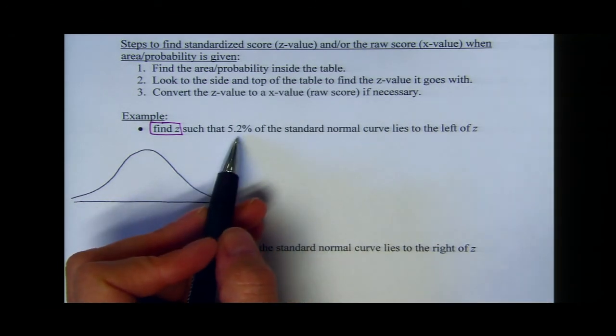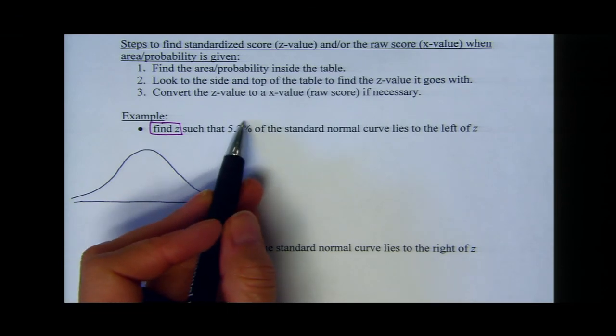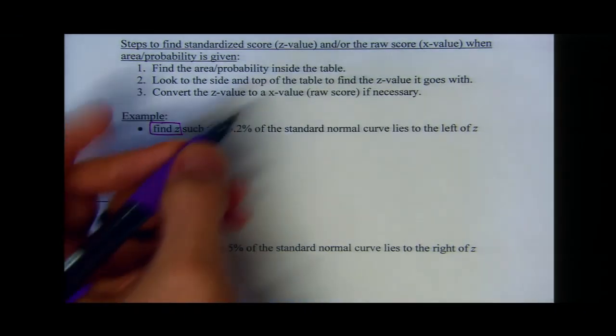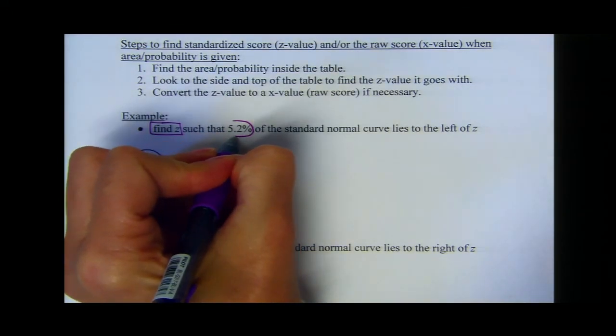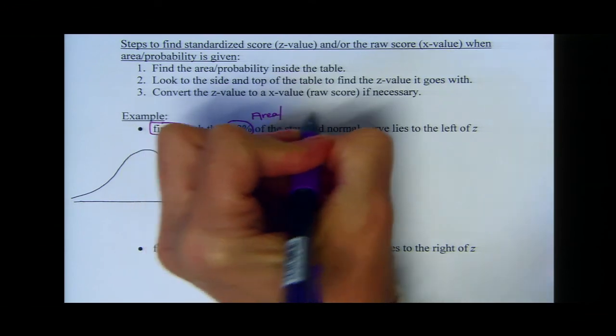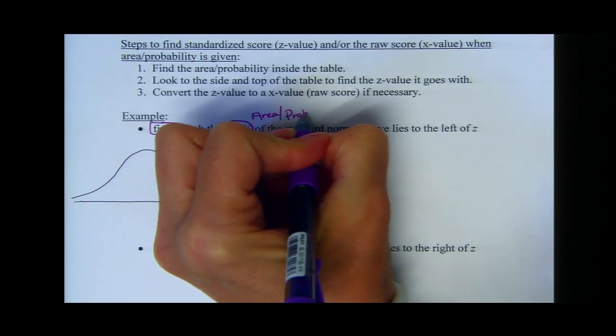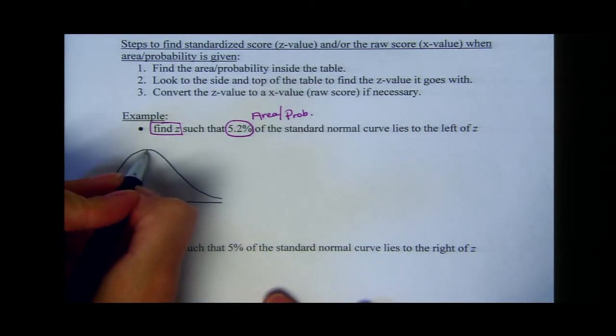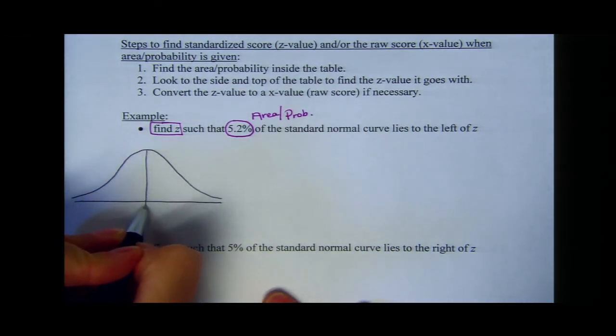I'll have so many students that will try to force this number into a z value. Notice it is a percentage. This number right here is the area or the probability that is given. So it's telling you how much of the curve is shaded in.